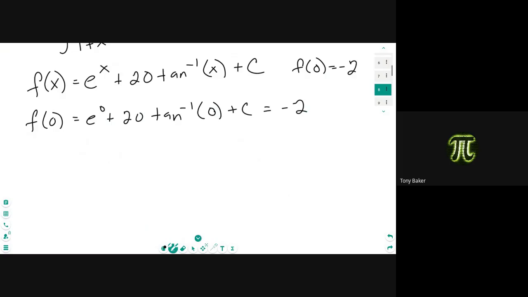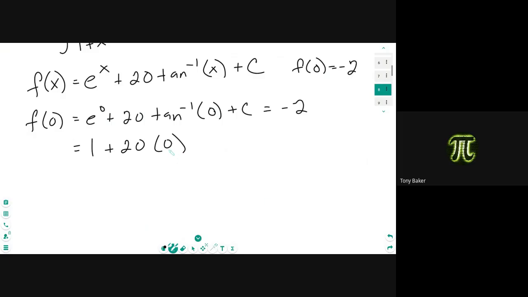So what's e to the 0? 1 plus 20. What's the arctangent of 0? Arctangent goes backwards. So which angle is going to give you a tangent of 0? 0. And yes, and pi. We'll just take the 0.